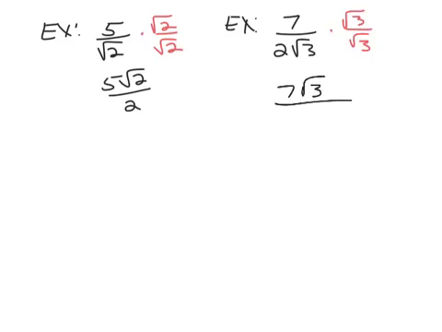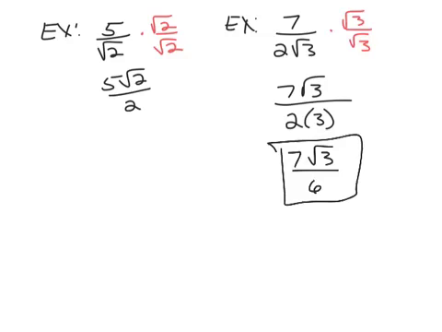And then in the denominator, I'm going to do this in steps. Eventually you'll get good at it where you can just do this in your head. My coefficient of 2 stays there. When I multiply radical 3 times radical 3, it simplifies to 3. So, in this case, I'll have a product in the denominator. And my final answer is 7 radical 3 over 6.